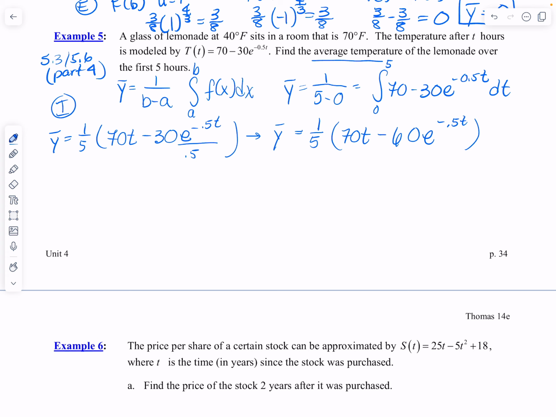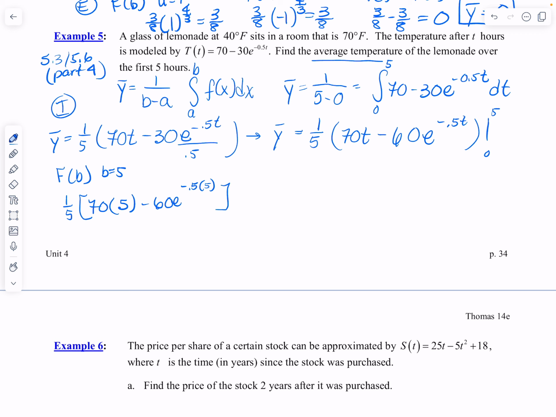Now I'm going to evaluate this from 0 to 5. So f at b, let's do that first. I'm going to take 1/5 times 70 times 5, because remember b is 5, minus 60e to the negative 0.5 times 5.